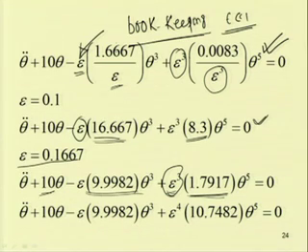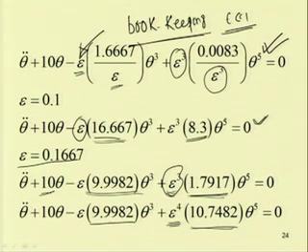So I have to increase this value, or write this as of the order of epsilon to the power 4. So the same equation can be written in this form: theta double dot plus tan theta minus epsilon into 9.9982 theta cube plus epsilon to the power 4 into 10.7482 theta to the power 5 equal to 0.